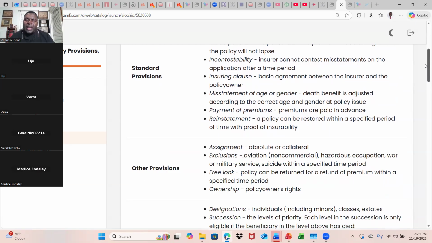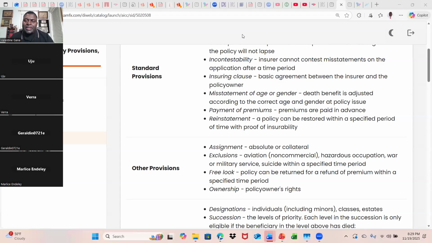Incontestability is when you have a policy. See, we talked about consideration. We talked about consideration as being what you materially give up to bind the contract. And that is from the perspective of the client.